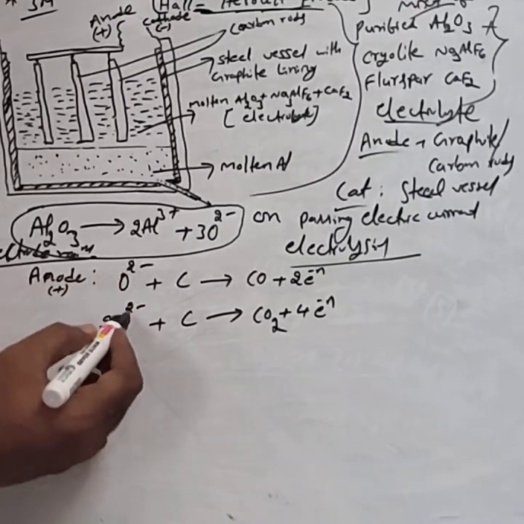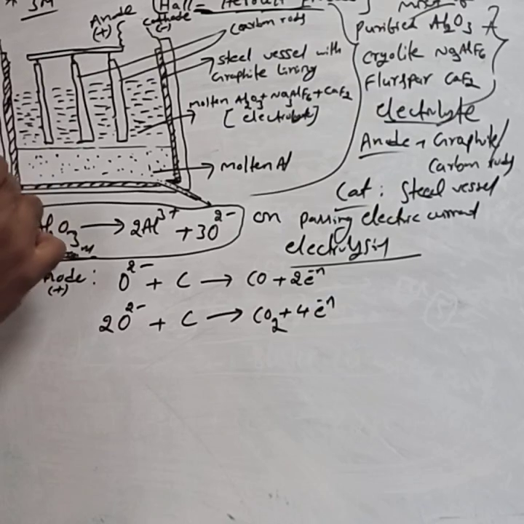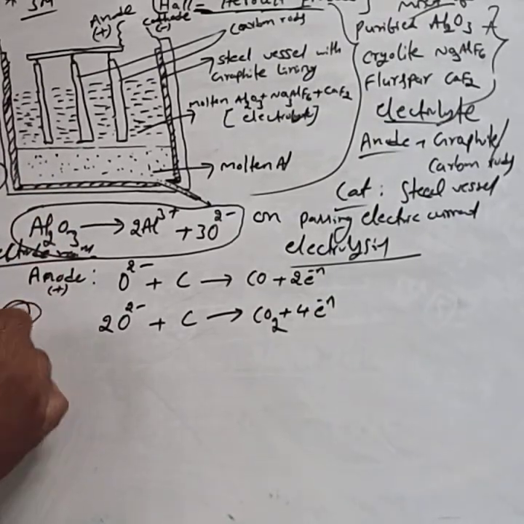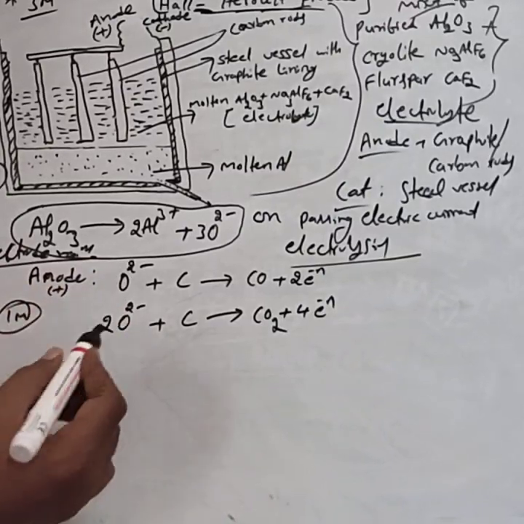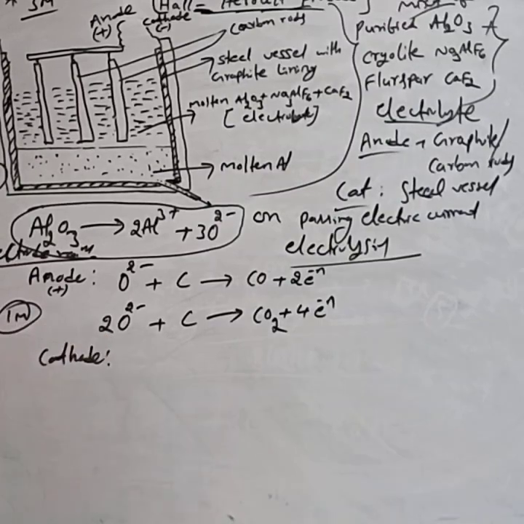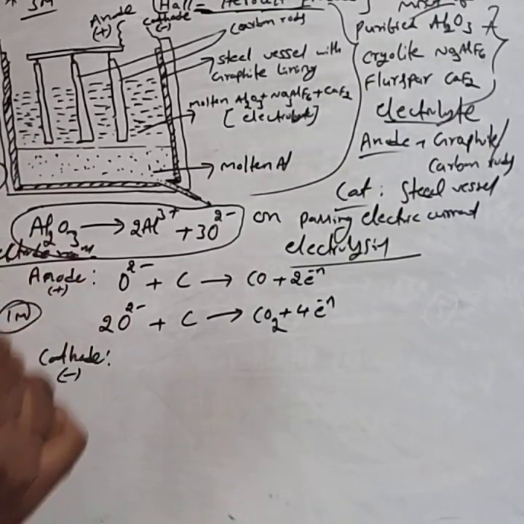In the annual exam, they can ask you to write the labeled diagram, which carries 1 mark. Then the anode reaction carries 1 mark. Then the cathode reaction: the cathode carries the negative charge.